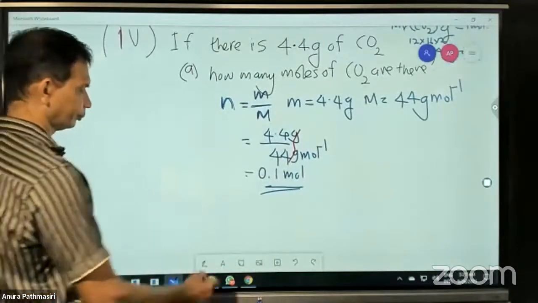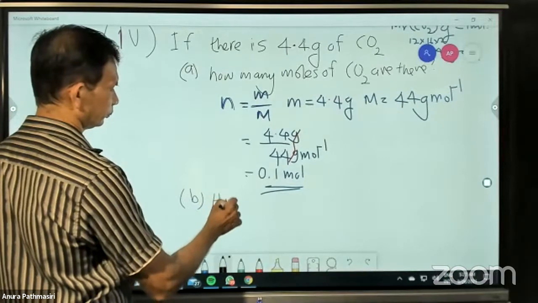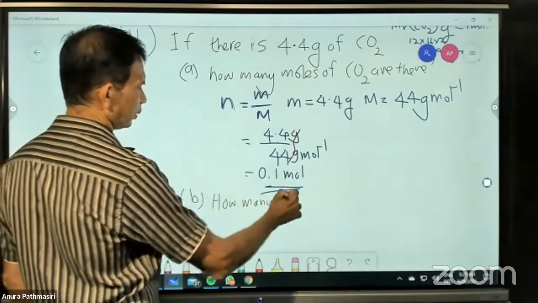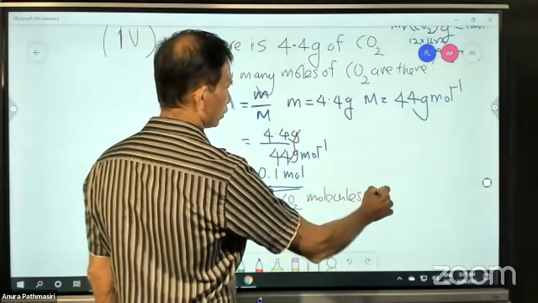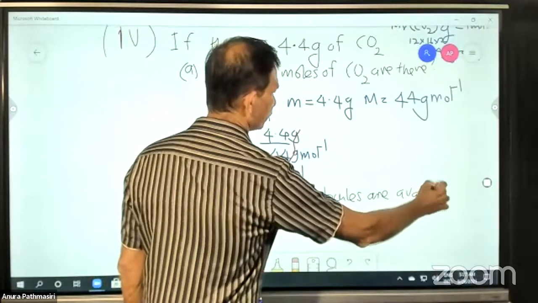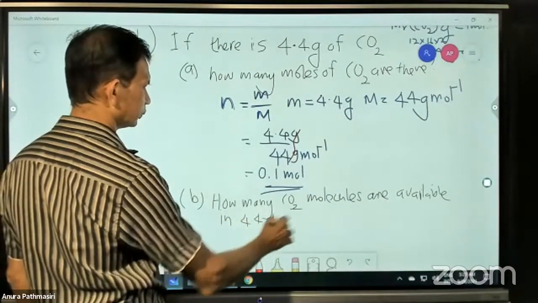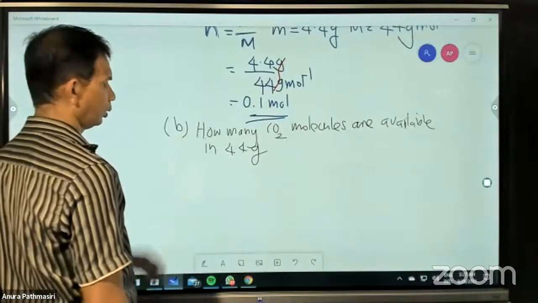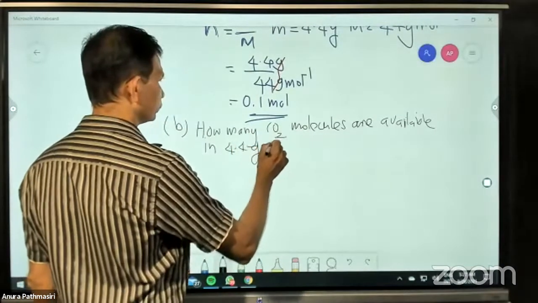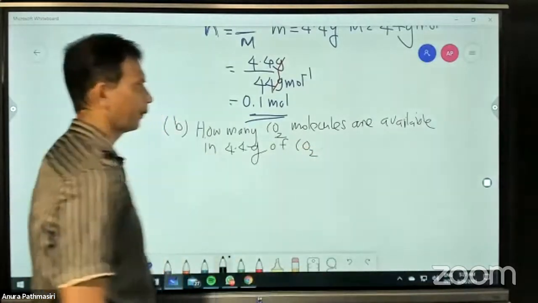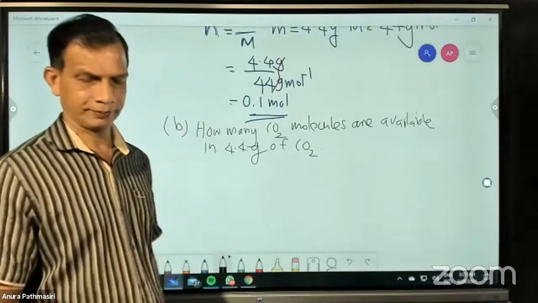My next question. How many CO2 molecules are available in 4.4 grams of CO2? How are you going to find it out?